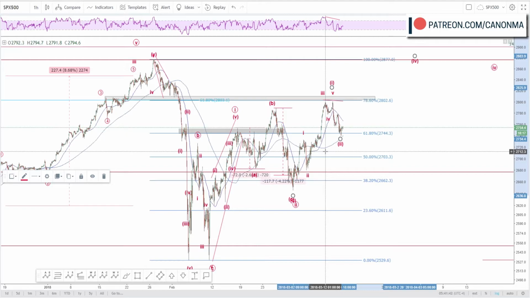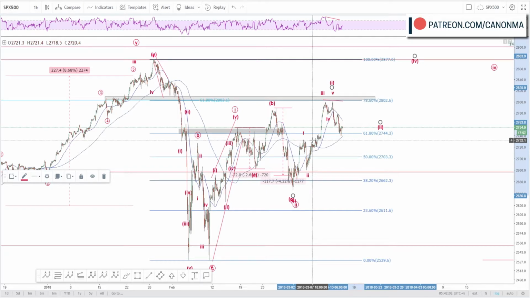But I am expecting a spill in oil, which is why I'm being a little bit hesitant to want to think that stocks are going to push higher, and I'm definitely thinking through some alternate ideas pushing lower here. So 2732 is very important for my sake in terms of how the picture might be unfolding later.